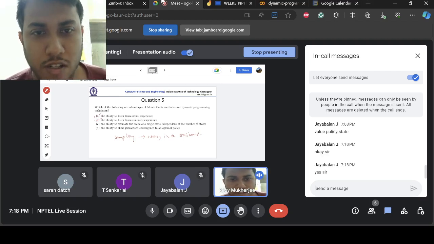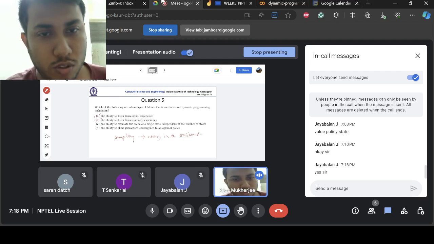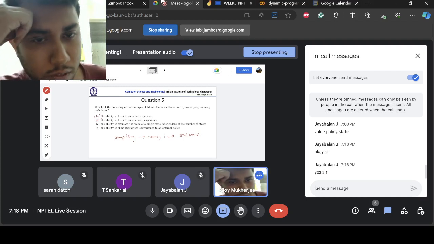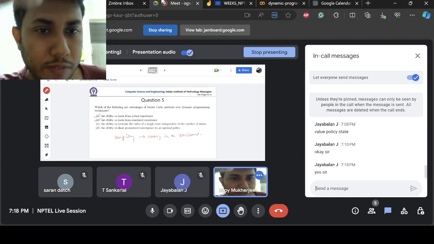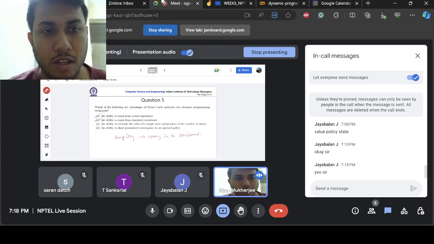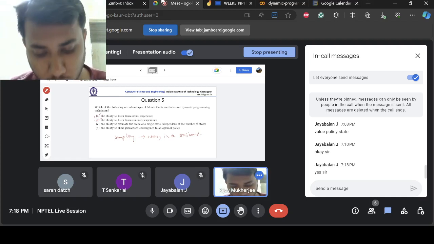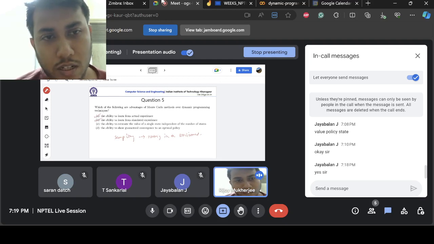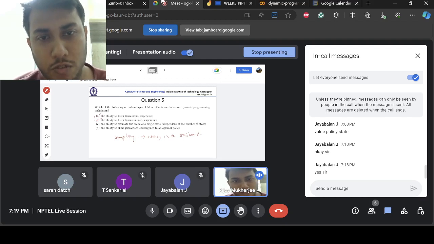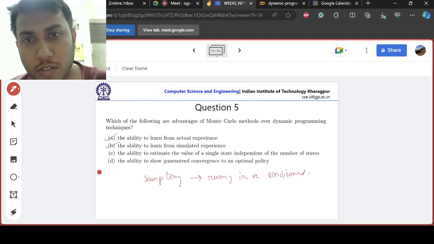There is no hard and strict rule that you have to sample everything. You don't have to sample for the whole problem, right? You can sample for only one or a few states, not all the states. So this one is an advantage.